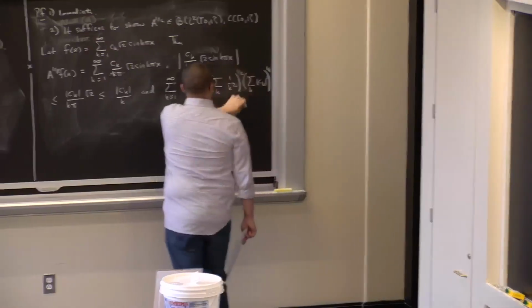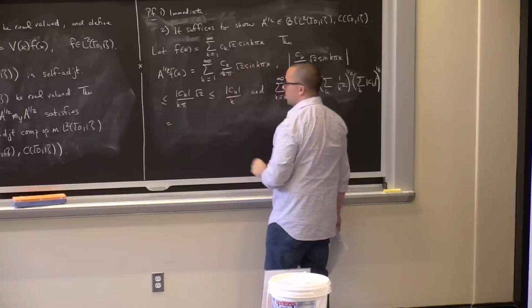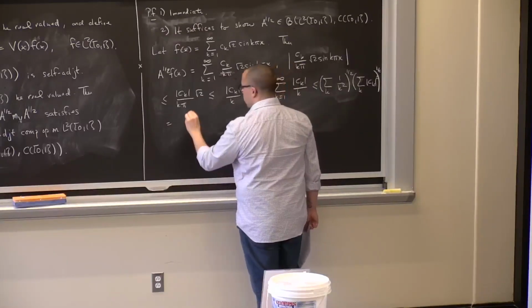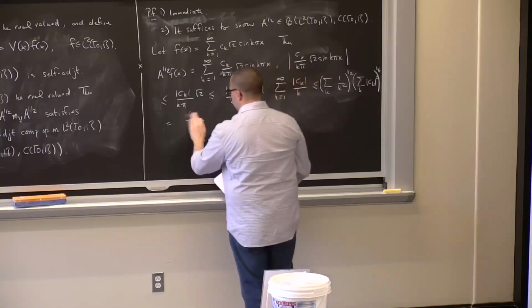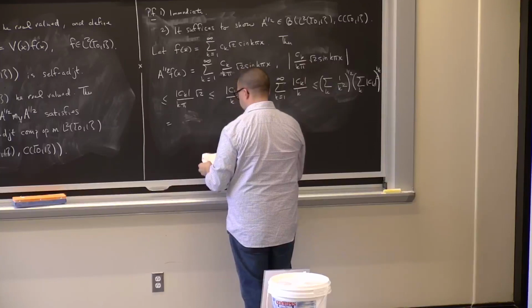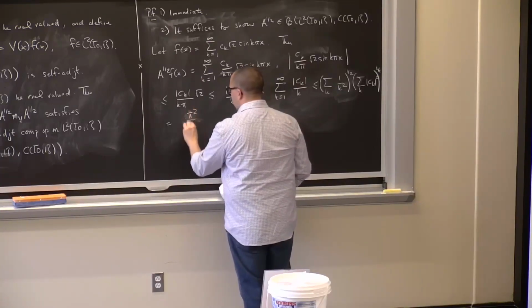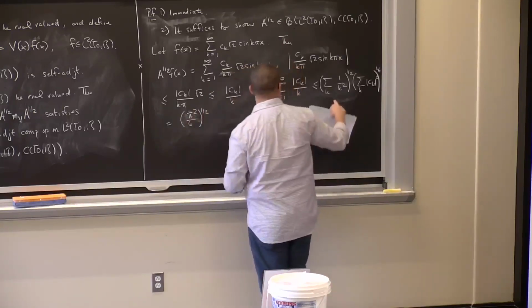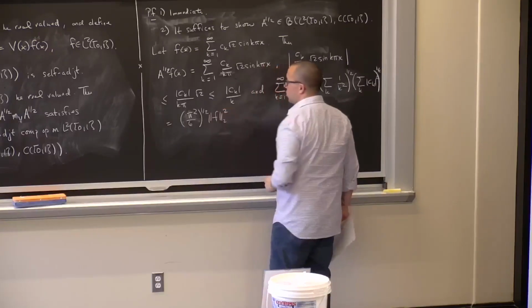And remember, this is just the L2 norm of f, right? Because the sine k pi x's are an L2 basis. So that equals something like pi squared over 6. I don't know. Let's say it is this thing here times the L2 norm.